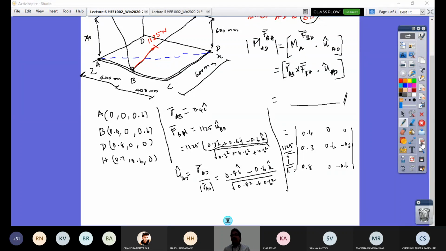Aravind K, doing, sir. Aravind E and Aravind K, there are two people. Dhanush, Kishan, Venkat. Doing, sir. Good. Sahil Chaudhary, Sahil, Sanjay Anto. Doing it, sir. Okay, good.